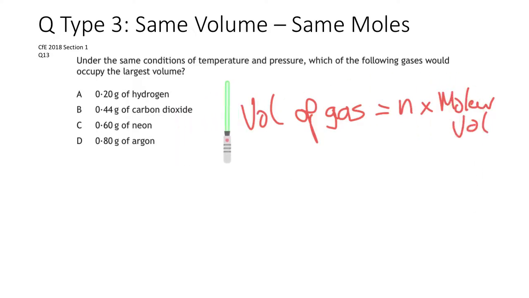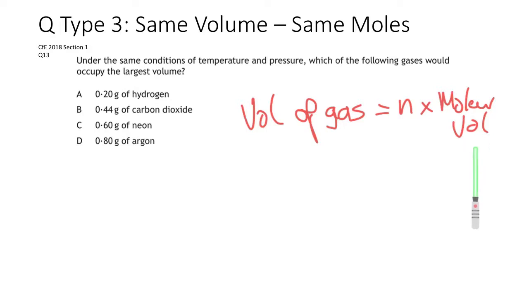But at a fixed temperature and pressure, the same number of moles will be the same volume. Or you could look at it in terms of, to get the volume of gas, you're multiplying the moles by the molar volume. And the molar volume is a constant for a set temperature and pressure.